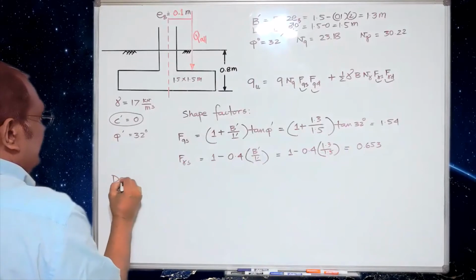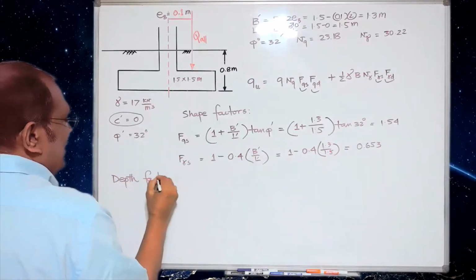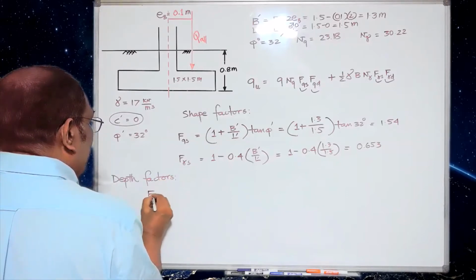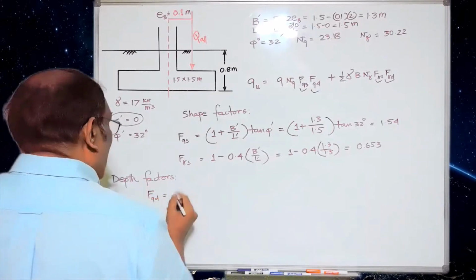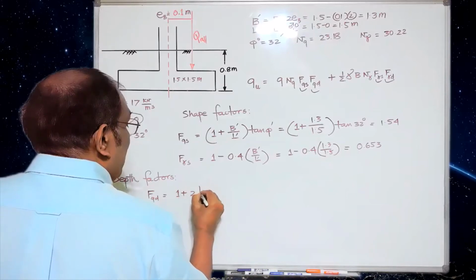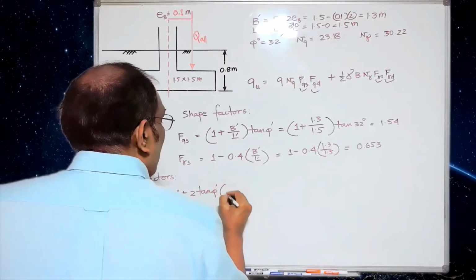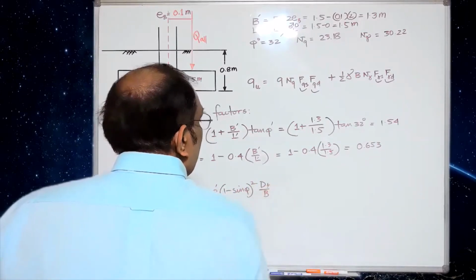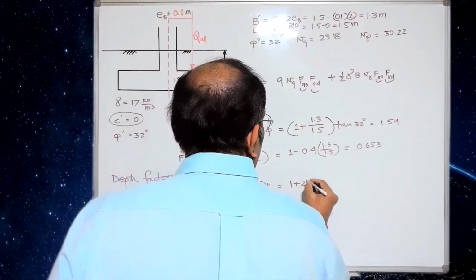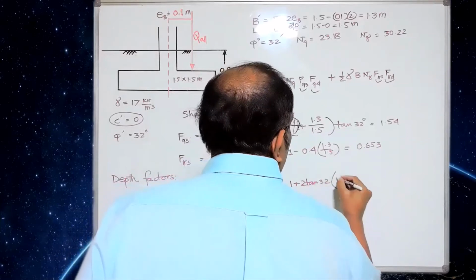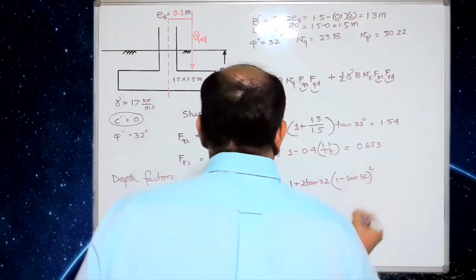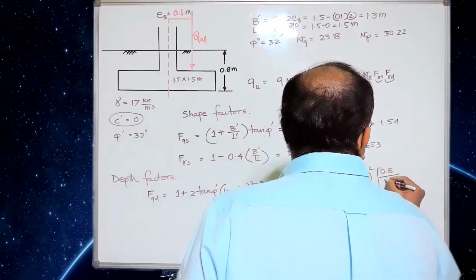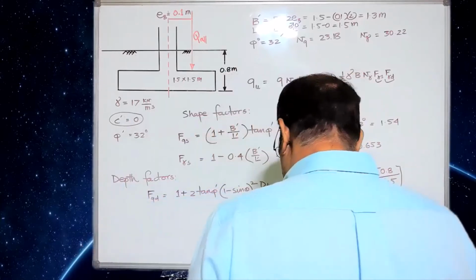Now, depth factors. FQD is basically 1 plus 2 tan phi prime, 1 minus sine phi prime square, and then Df by B. So this one is 1 plus 2 tan 32 into 1 minus sine 32 square, and Df by B, which is 0.8 divided by 1.5, which is basically 1.147.